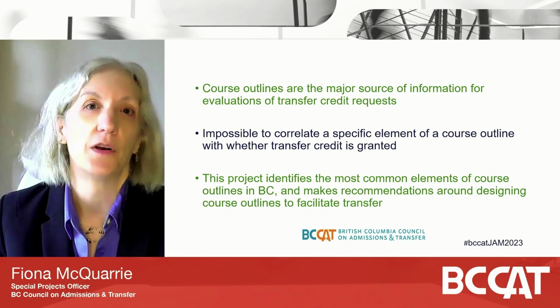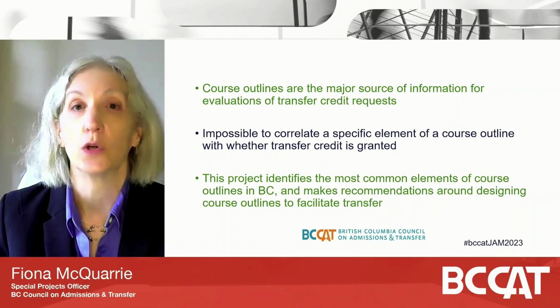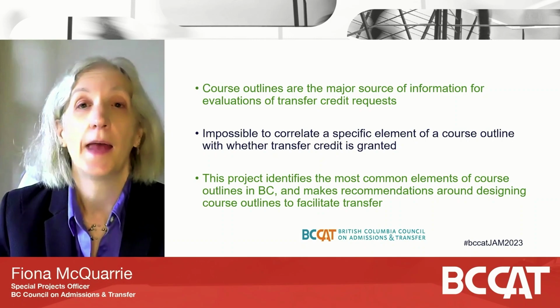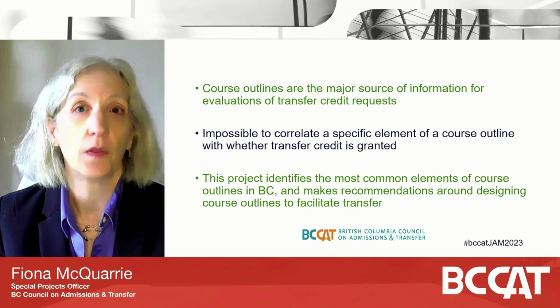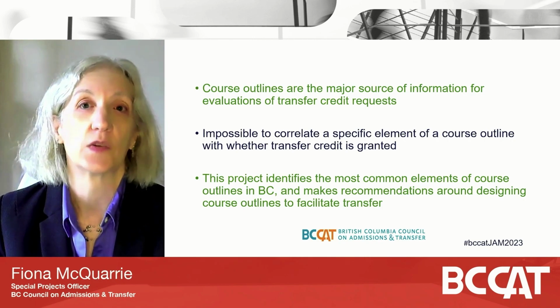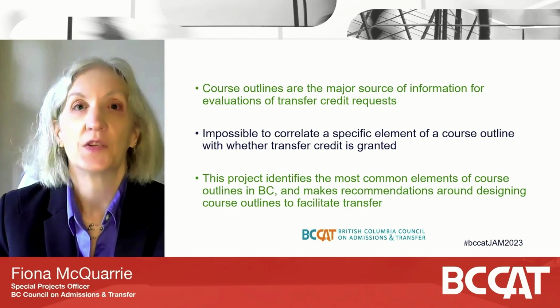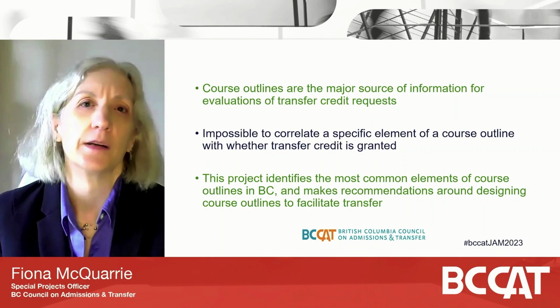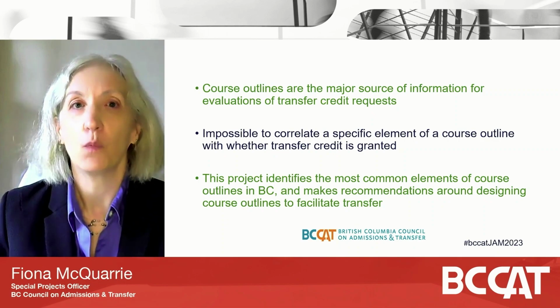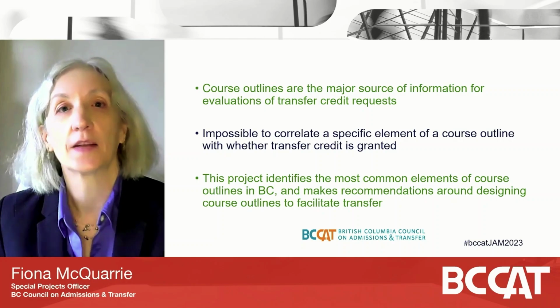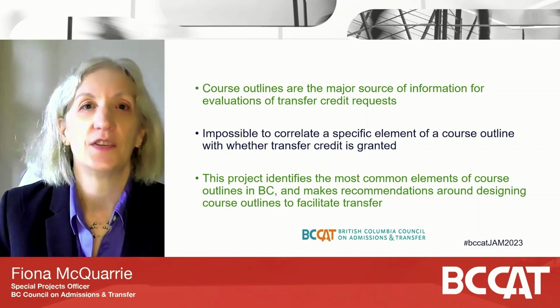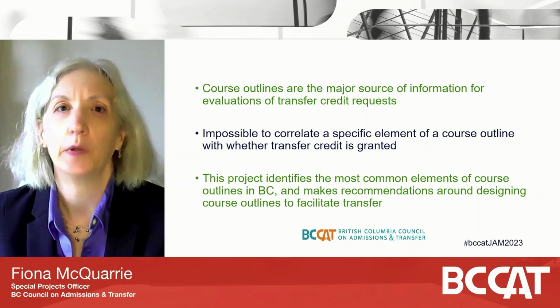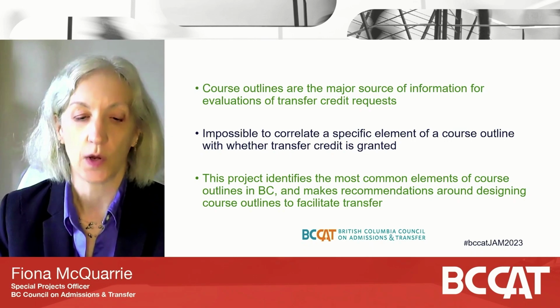It's based on each institution's individual curriculum and courses and how those compare with the course for which transfer is being requested. So there's really no magic formula as to if an element is included or excluded, whether that increases or decreases the probability that the course will receive transfer credit.